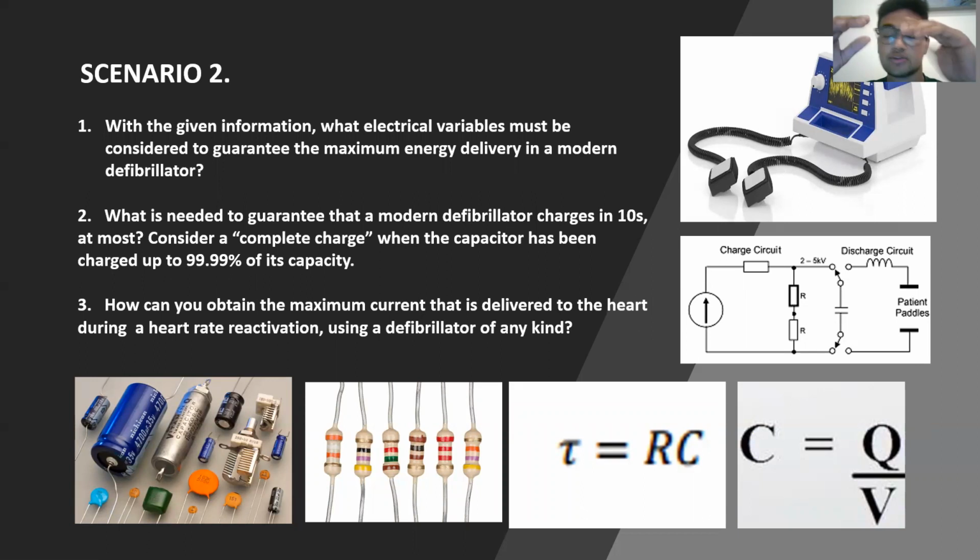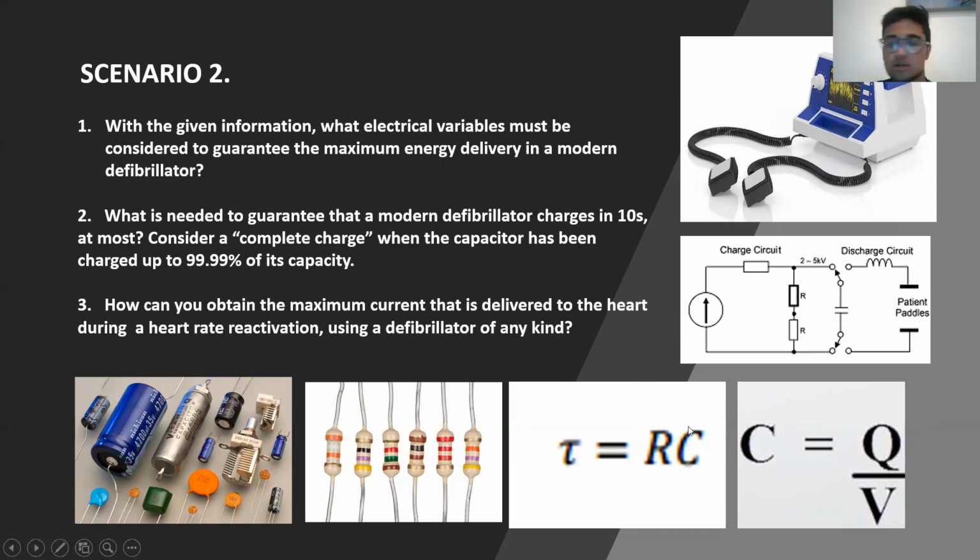For example, if we use a really low resistance and a really high value of capacitance, then we will try to get a value of tau that is less than 10 seconds. By playing like that, we will get a really good value of tau, which means that it will be less than 10 seconds.